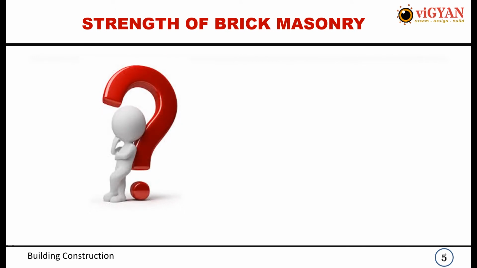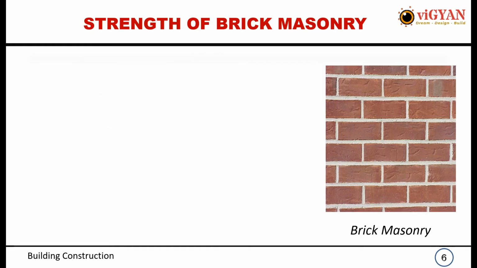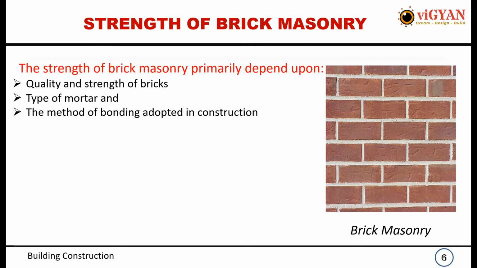Let's think and write down what are the factors which affect the strength of brick masonry. They are quality of materials, type of mortar, and method of execution. So we can say that strength of brick masonry mainly depends on quality and strength of bricks.